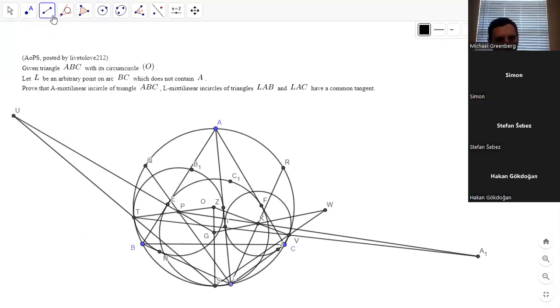So we could draw this segment, and we could try to find the angle it makes with AL, and then show that that is the same angle that this segment from W makes with AL, which is the same angle that the tangent from A1 to the two circles makes with AL. So yeah, can we calculate the angle between this segment and AL?